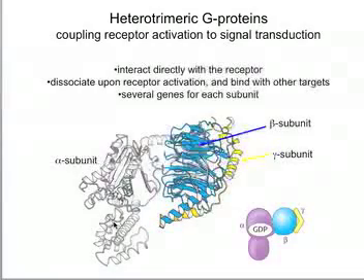A key here is that there are several genes for each subunit. So what I want you to imagine is that I'm presenting you with this very simple picture of a G protein mediating the information flow between the receptor and the effector enzyme.